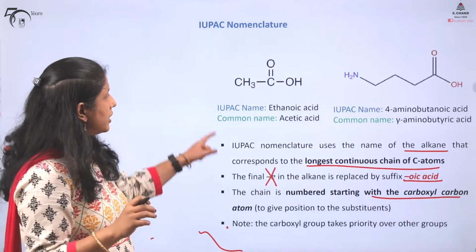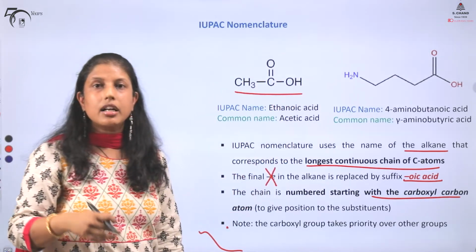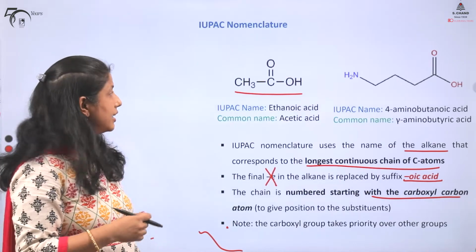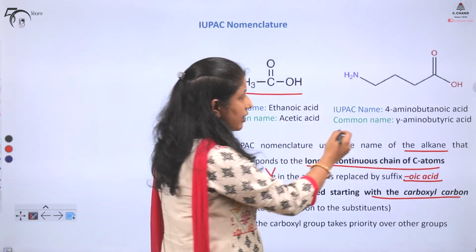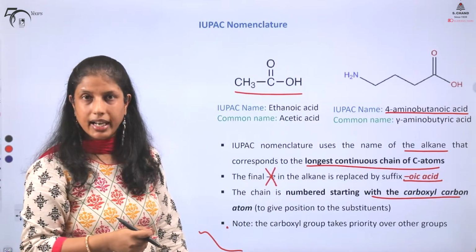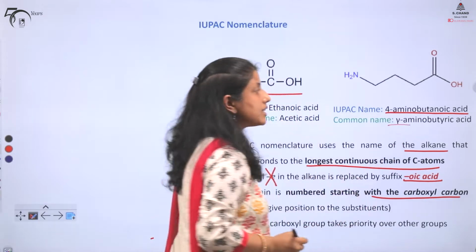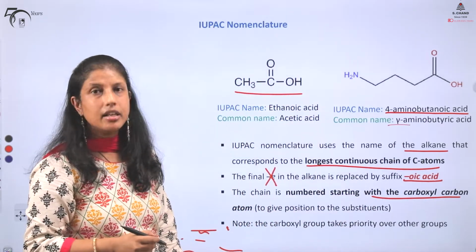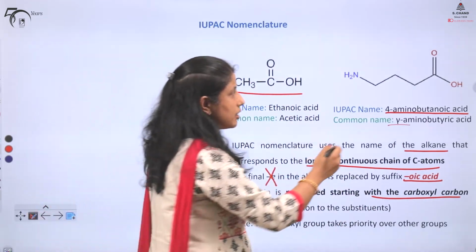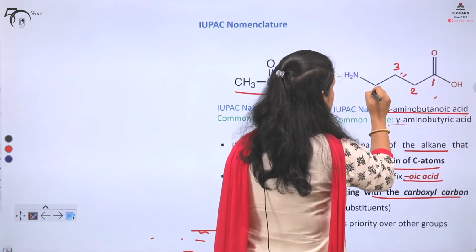So here you can see I have ethanoic acid coming from the parent alkane ethane, and here I will have 4-aminobutanoic acid. Our previous example, the common name was gamma-aminobutyric acid, but in the IUPAC nomenclature, we can now number it 1, 2, 3, 4.